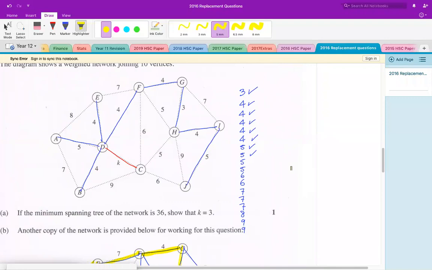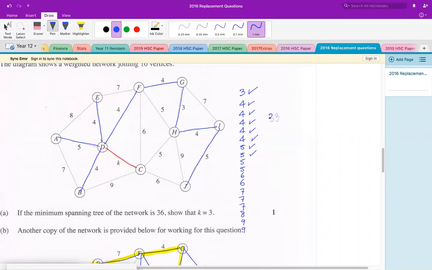First one is just critical. It says show that k is equal to 3. I guess when you're doing this question at the back of your mind, you just think, okay, I'll use the 3 at some point, right? Because if you put everything into order, you will see if there's a 3, it's going to be chosen at the start. So if you just choose everything up to here, as I was ticking these numbers, I counted that there's 33 here.